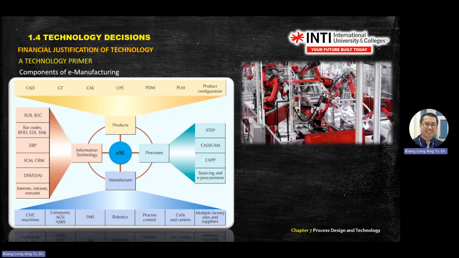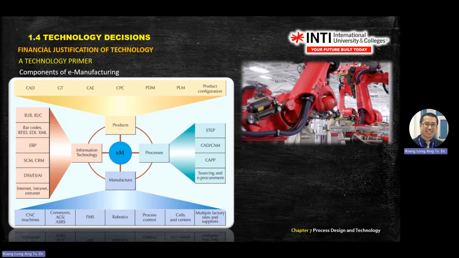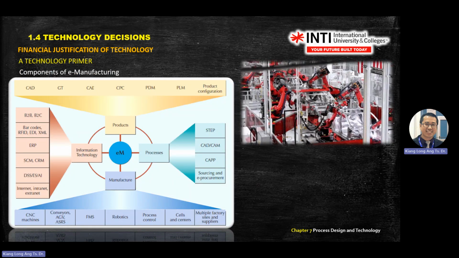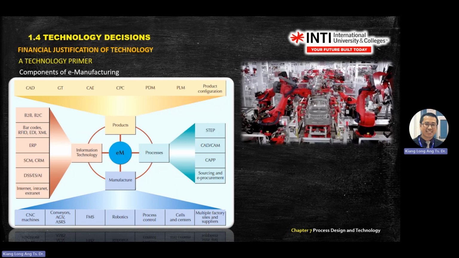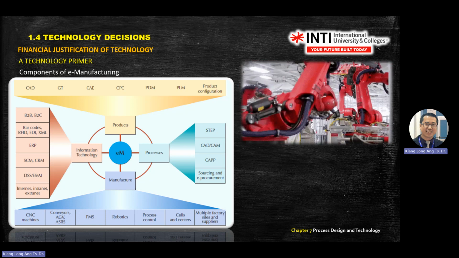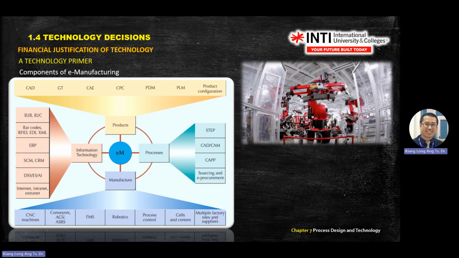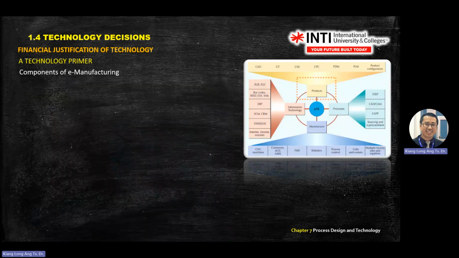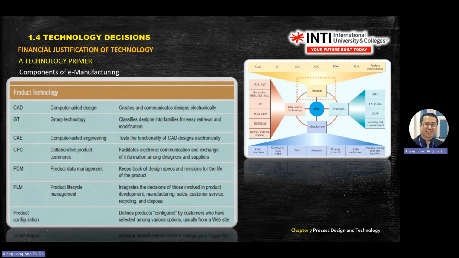So EM is e-manufacturing, consists of products, information, process, and manufacture. So you just look at the diagram, then you roughly know what is this EM. Then there are explanations on the CAD, the top yellow color, what are they? Group technologies.